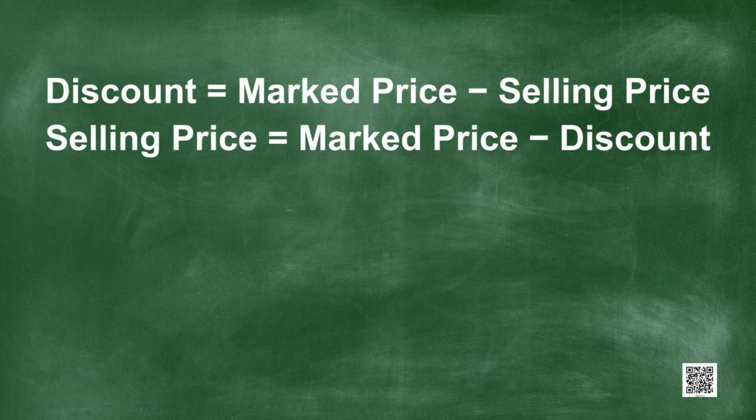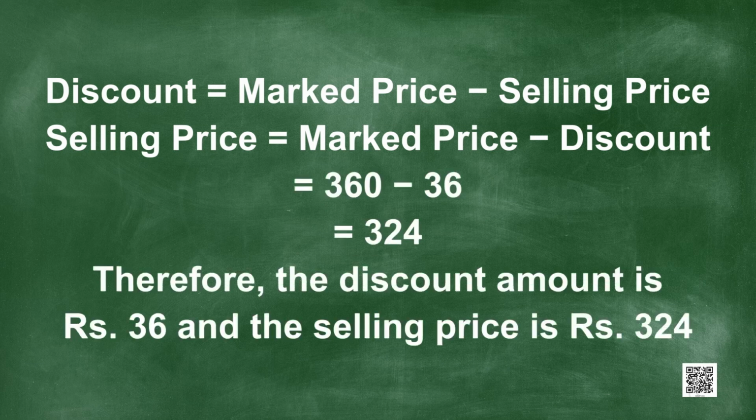Therefore, selling price is equal to marked price minus discount. So, the market price is given to be 360 minus the discount we found, 36. Therefore, selling price is rupees 324. Therefore, the discount amount is rupees 36 and the selling price is rupees 324.